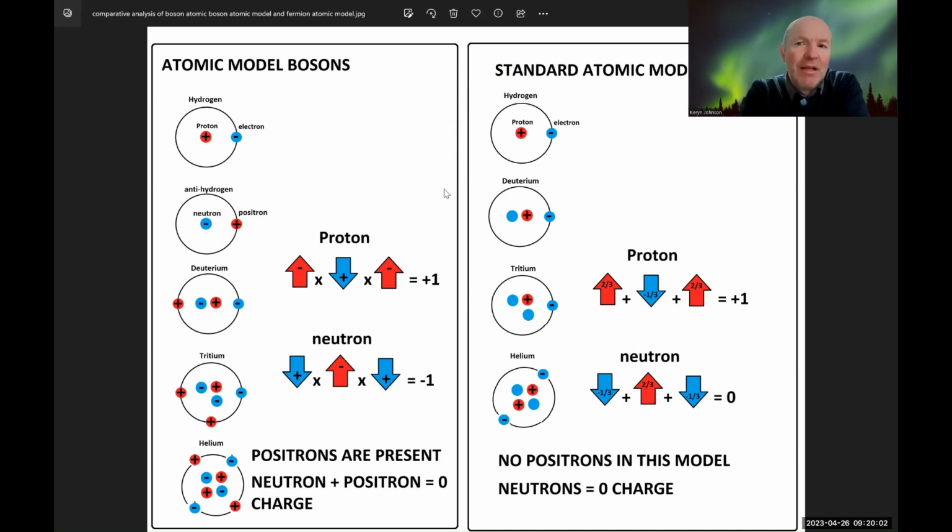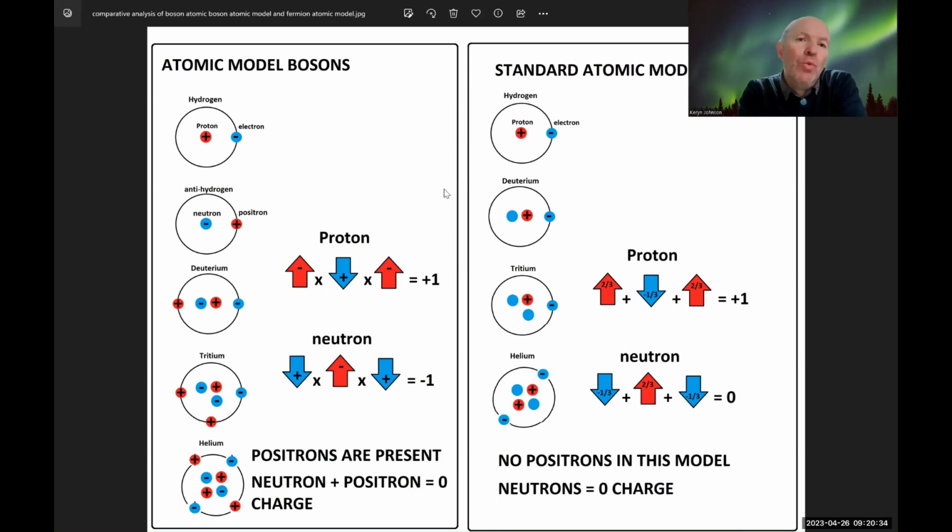Whereas in the standard model, the thinking is that helium only has 2 positively charged protons in the nucleus. And so when you get an alpha particle emission, the logical thinking created from the standard model is that a nucleus of helium has an overall charge of +2.